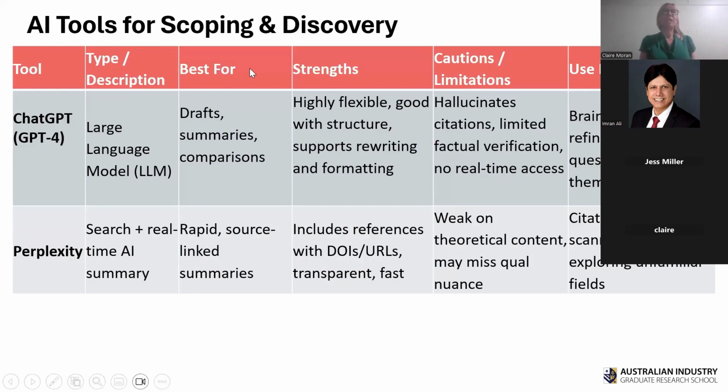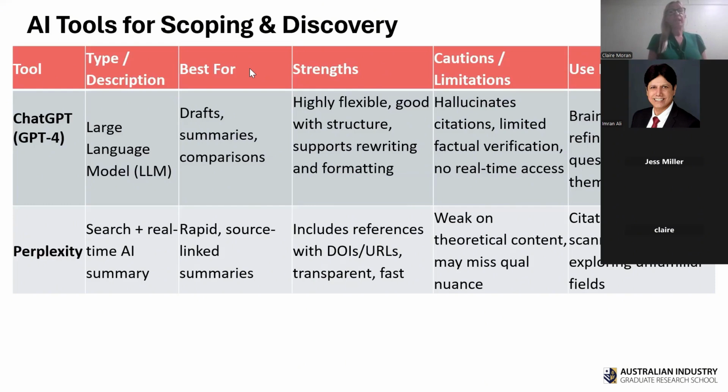Hallucinations, and hallucinations are not something that we can get away from, because that is just part of how these large language models work. Up to 20% of citations can be hallucinated. So again, we should always be checking. We can't verify within it, and it has no real-time access. It can be great for brainstorming, refining search questions and identifying themes.